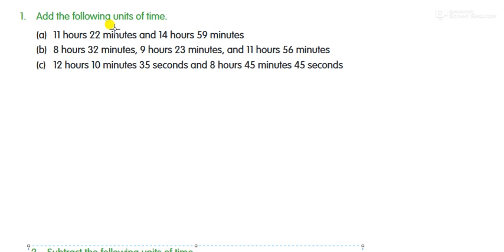Now add the following units of time: 11 hours 22 minutes and 14 hours 59 minutes. Add the minutes and add the hours. First, 22 minutes plus 59 minutes. 22 plus 59 equals 81 minutes.